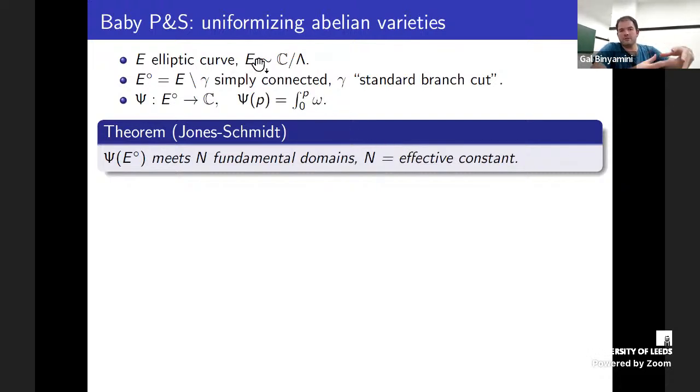So the family of elliptic curves is not compact. They can degenerate. So presumably, you might get here something depending on the elliptic curve that you chose. But the result says that it actually doesn't depend on which elliptic curve you chose. And because you meet some fixed number of fundamental domains, you can translate this as saying that the map going back from C to E is definable.